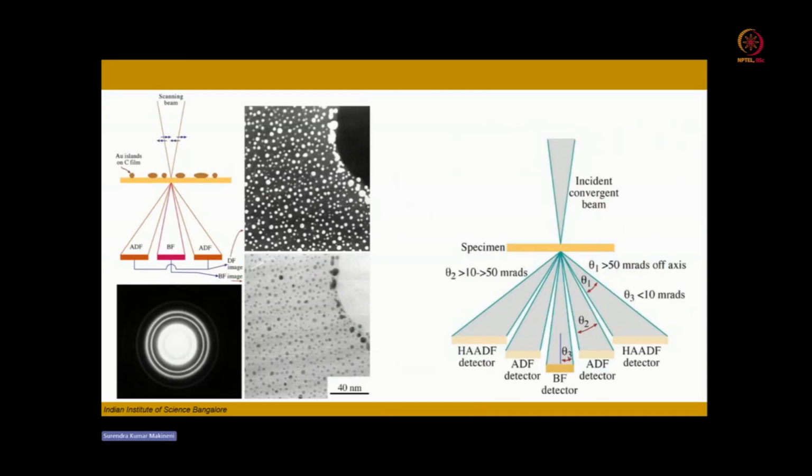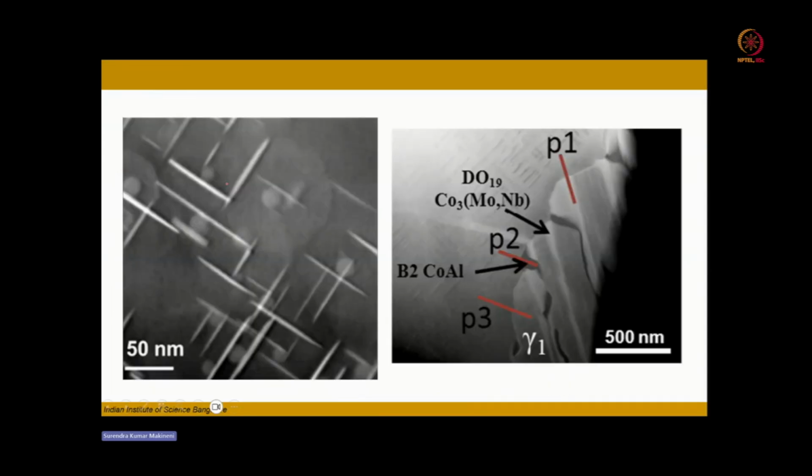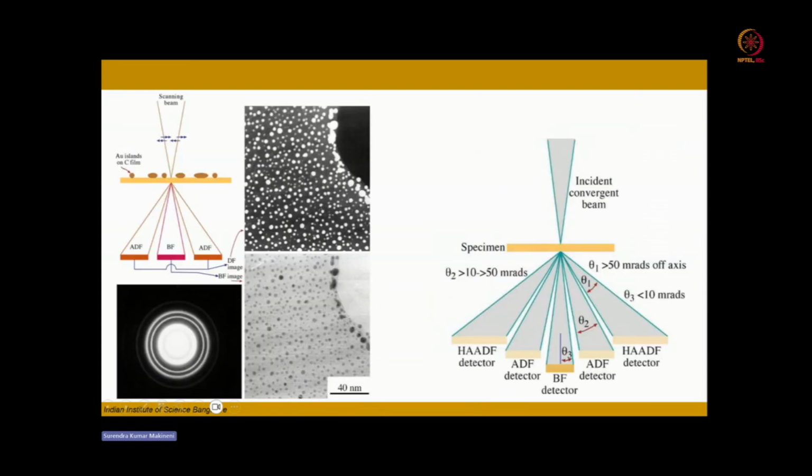Now here, as you are scanning the beam on a sample surface, and the sample has different features, you can see that this is a carbon film and this is a gold sample on the carbon film. So both have a different atomic number. So what will happen when your beam scans on the sample surface?